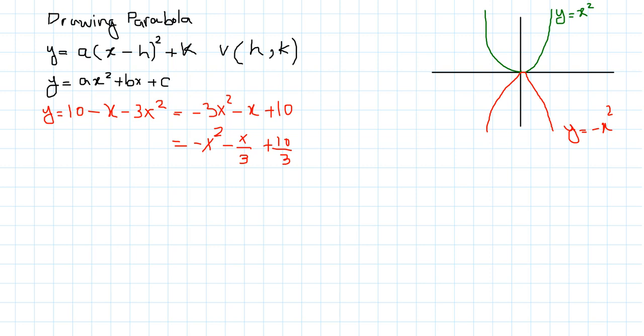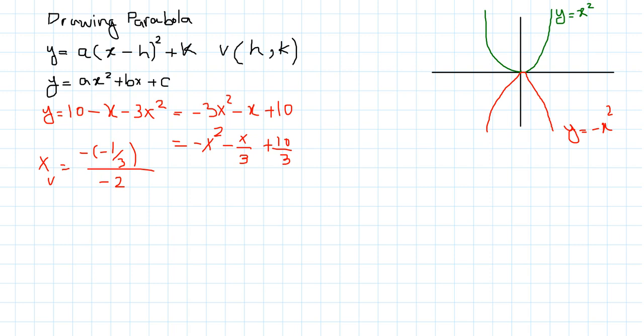Okay. Now find x of vertex. It is minus b over 2a. So what is minus b here? It is minus 1 over 3 over 2a, over minus 2.